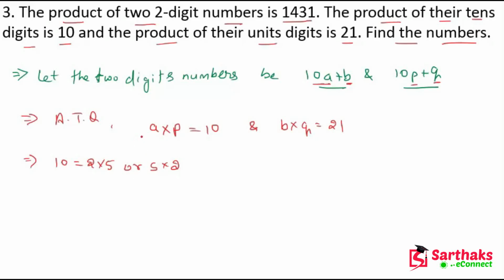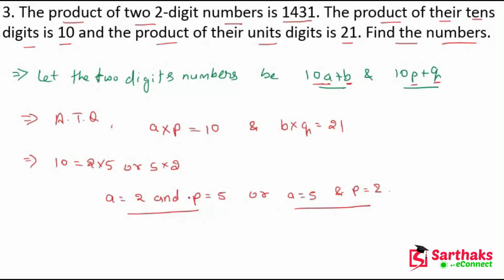So the pairs are: a is equal to 2 and p is equal to 5, or the other possibility is a is equal to 5 and p is equal to 2. So there are two possibilities.